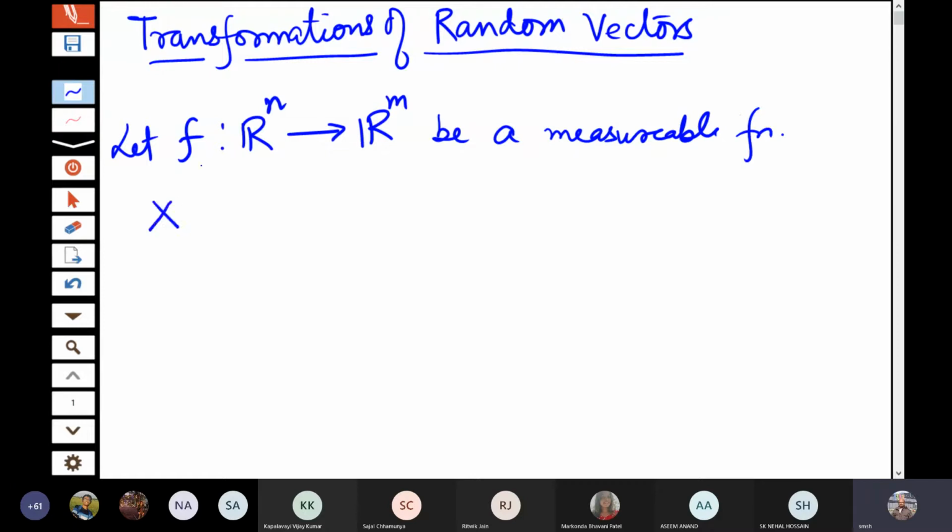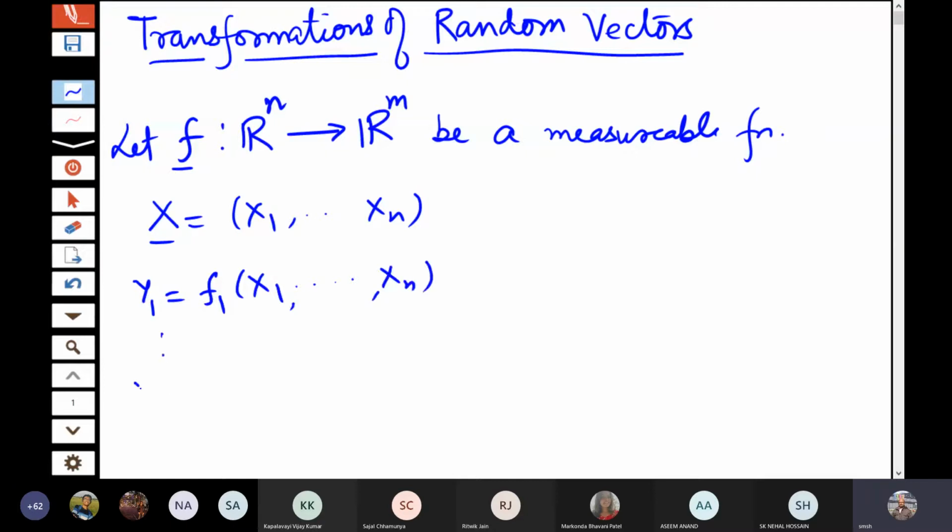So you are saying x is, say, x1, x2, ..., xn, and then we define y1 is equal to, say, f1 of x1, x2, ..., xn, and so on. Ym is equal to, say, fm of x1, x2, ..., xn.